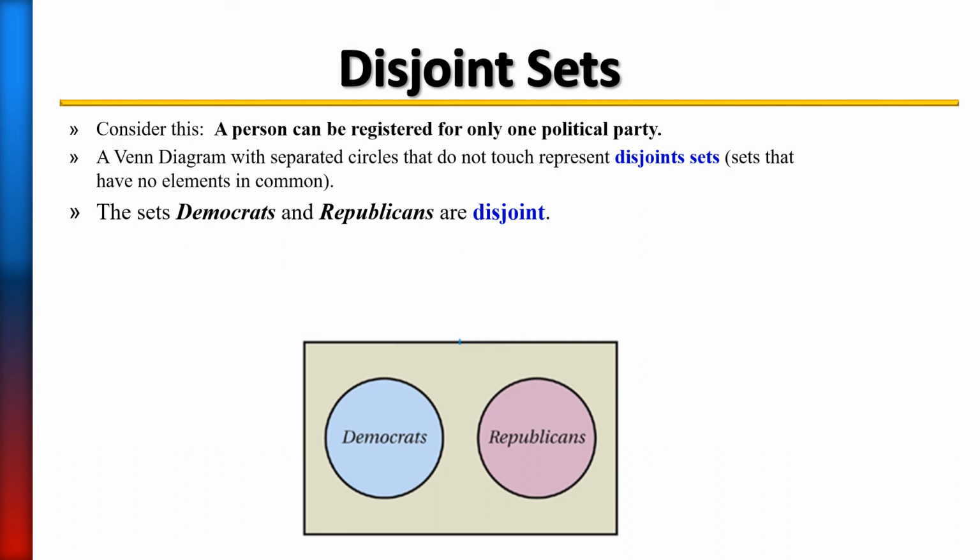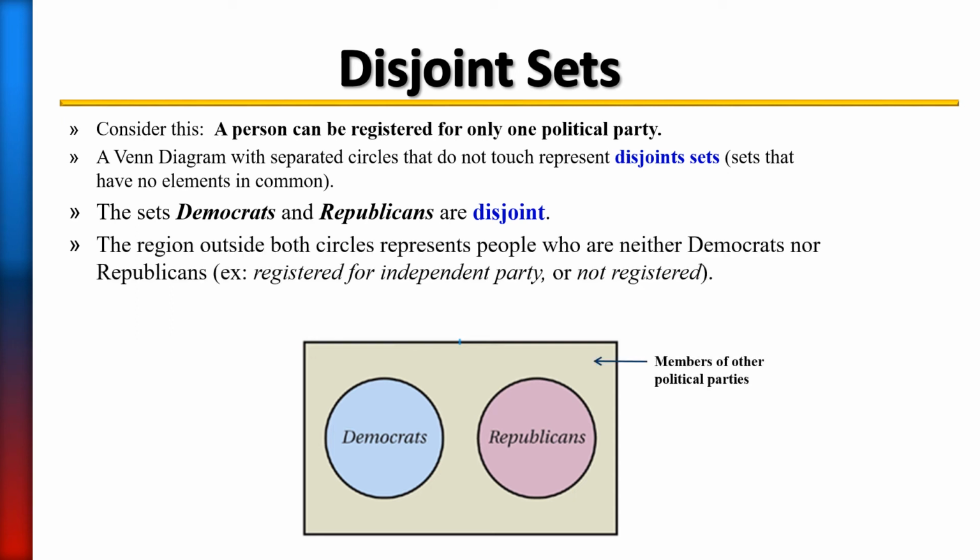So notice that these circles are not intertwined in any way. They are two separate circles. They don't touch, which represents that these are disjoint sets, where they don't have any elements in common.